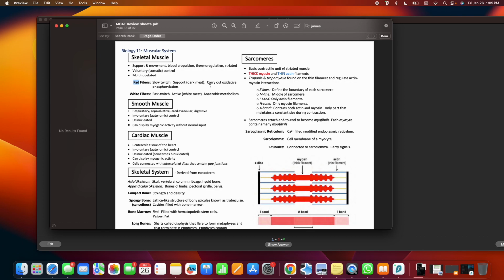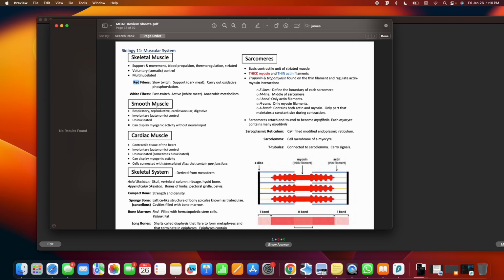Oxidative phosphorylation is for when you have the electron transfer chain, etc., stuff like that happening, right? And then you have white fibers. They are fast twitch, and they are for active white meat, and they are for anaerobic metabolism.